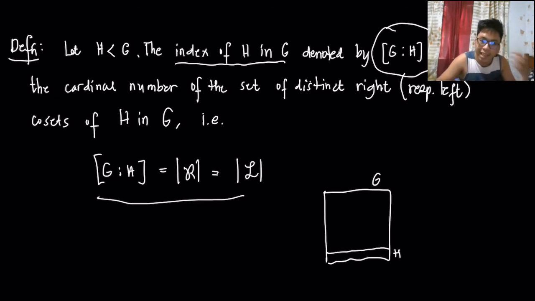If you would like to consider, for example, the left coset, let's say we pick an element A from G and we multiply it, either on the left or on the right. So let's focus on the left cosets, for instance.